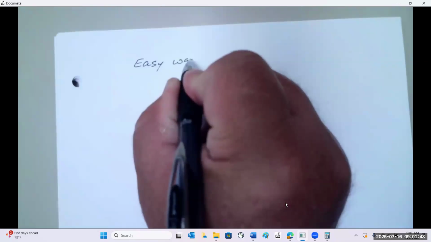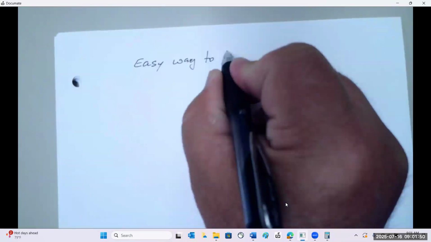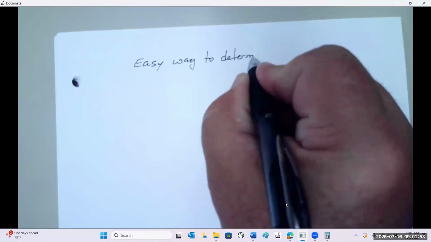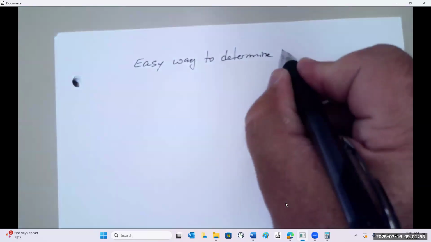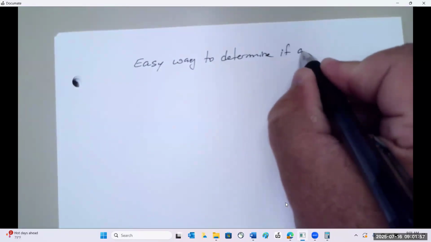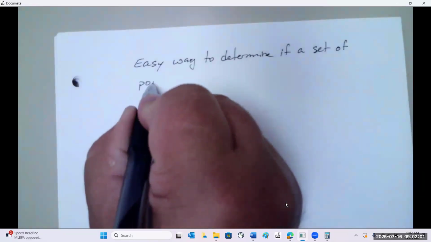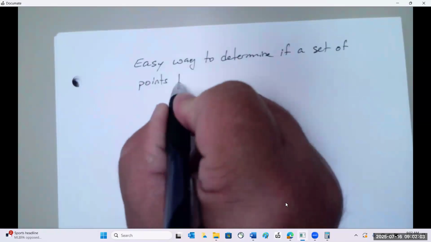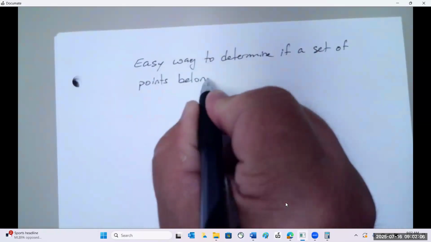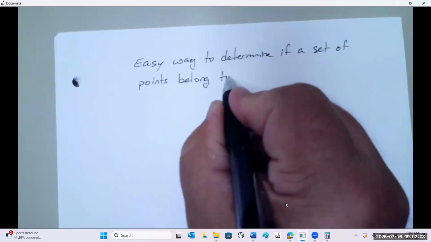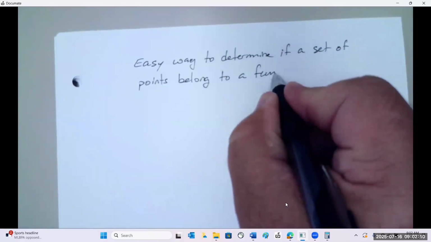Easy way to determine if a set of points belong to a function.